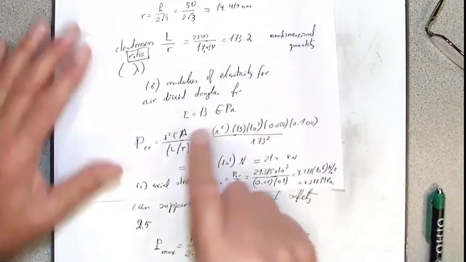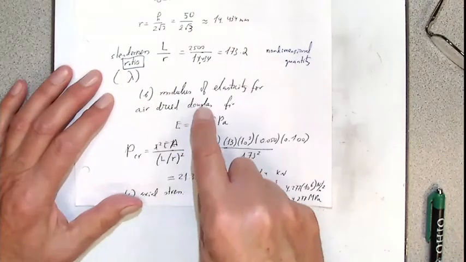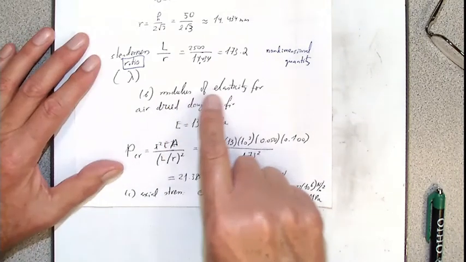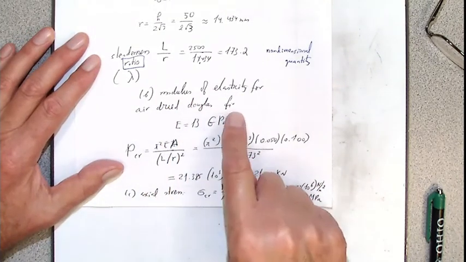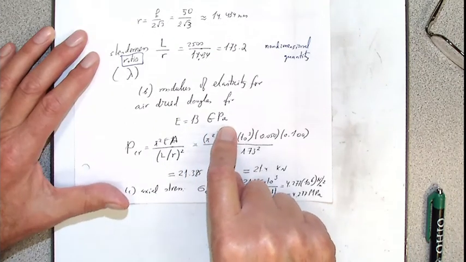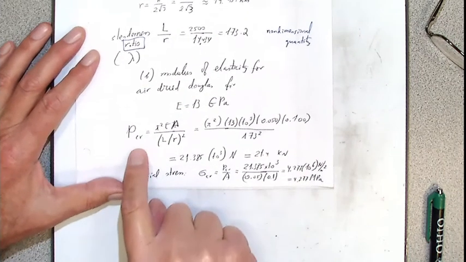Okay. Now, from the end of this book, we can also find the expressions for modulus of elasticity for air-dry Douglas fir, which equals 13 gigapascals. So we can find the critical load.